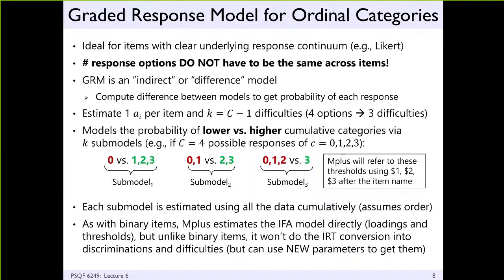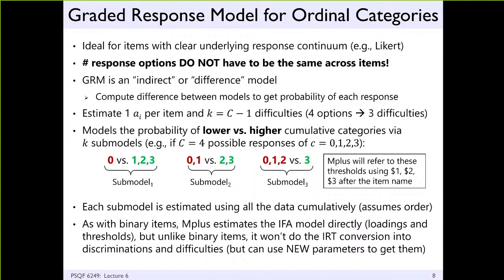Before, we said that b was the trait level needed to have a 50-50 probability of answering the item right. Do you remember that for binary? b is the latent trait needed for a 50% probability of a 1, say. Well, these b's have the exact same definition if you just change what a 1 means. I'm doing air quotes. What I mean by 0 versus 1 is red versus green.